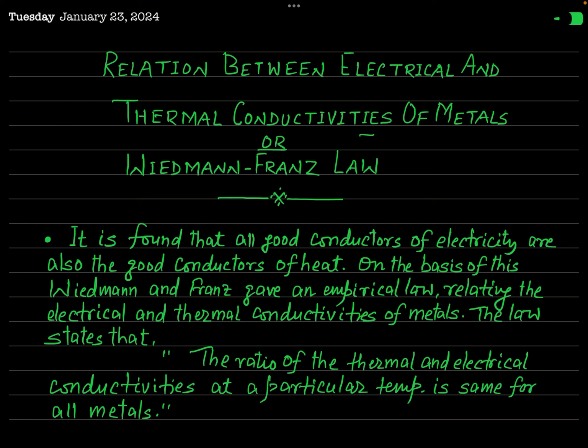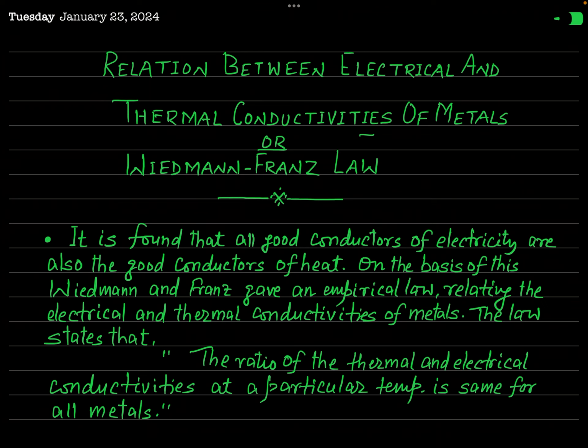Actually, the relation between electrical and thermal conductivities of metals was established by two famous scientists named Wiedemann and Franz. So this relation is popularly known as the Wiedemann-Franz law.